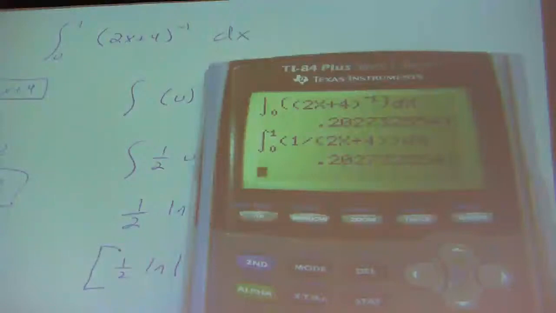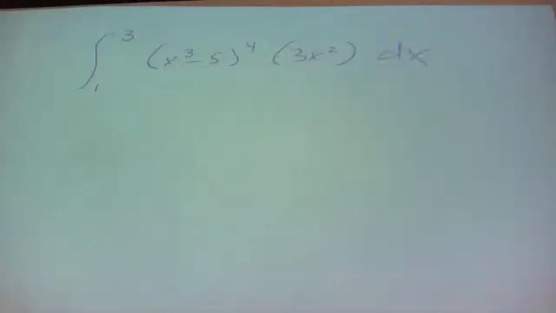I would like you to do the integral from, let's say, 1 to 3 of x cubed minus 5 raised to the 4, 3x squared dx. So is this going to be a U substitution? Yep.